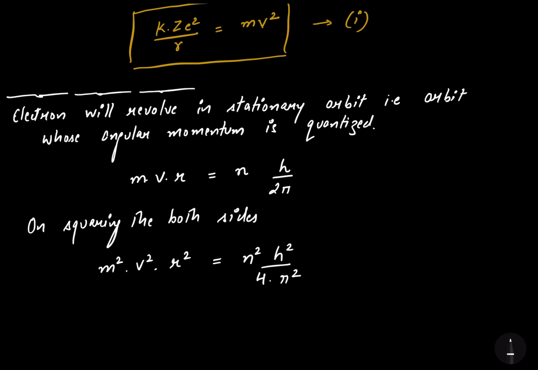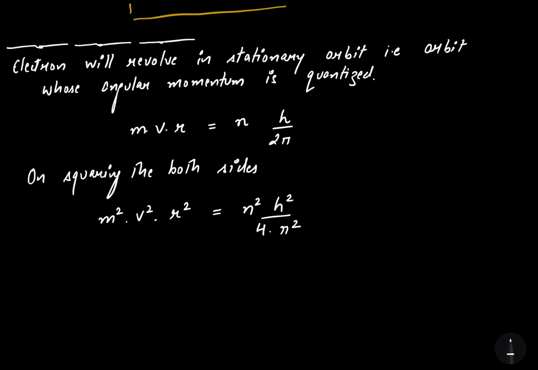We have squared both sides. Now you can write this equation as m into v square into m into r square, which comes out to be n square h square upon 4 pi square.